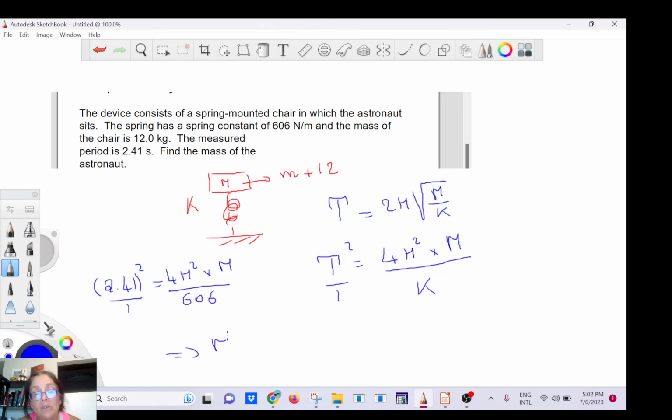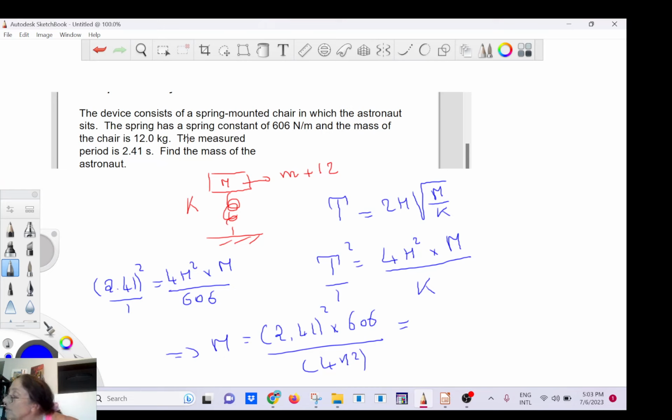Then you can isolate the mass. So it's going to be 2.41 squared times 606, and then you divide by 4 pi squared. That will be the total mass, including the chair.